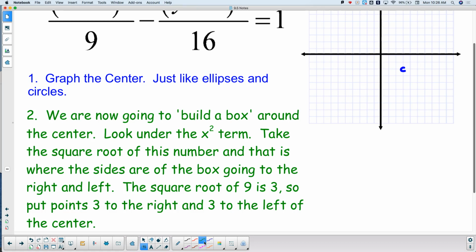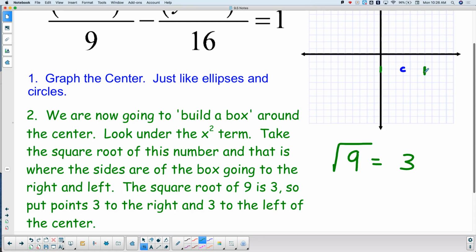So underneath x squared is 9. I'm going to take the square root of 9, and that is going to be 3. So I'm going to build my box 3 to the left, 1, 2, and 3, and 3 to the right, 1, 2, and 3. But I'm not going to put points. I'm going to put dashes, because those are going to be sides of the box. That's the only part that I know so far.